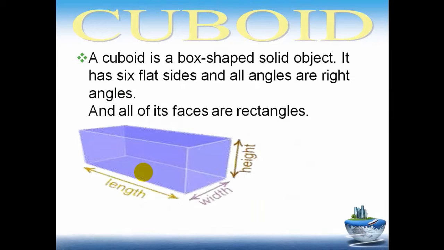The cuboid shape. A cuboid is a box-shaped solid object. It has 6 flat sides and all angles are right angles, and all of its faces are rectangles. So this is a cuboid shape with length, width, and height.